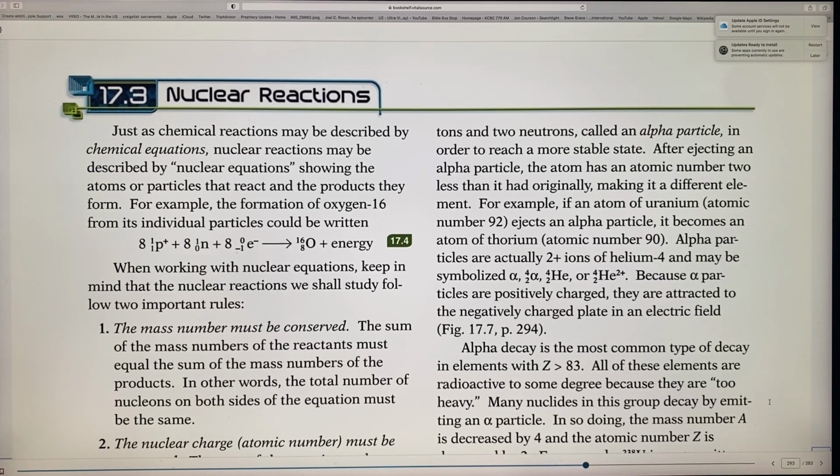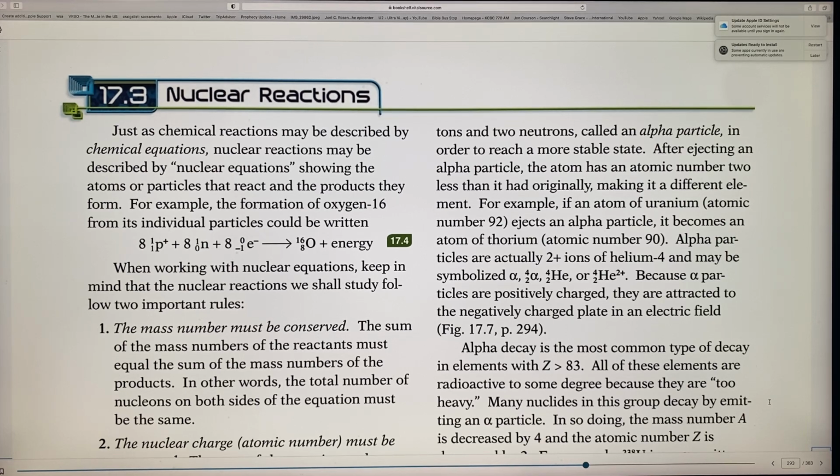So we're in your chemistry book, section 3, and we're going to go on with nuclear reactions. I'm going to divide this into 2 parts because it gets kind of in depth and you need to understand. Let's start with chemical reactions. We talked about chemical reactions in the last chapter, and they are described by chemical equations, right?